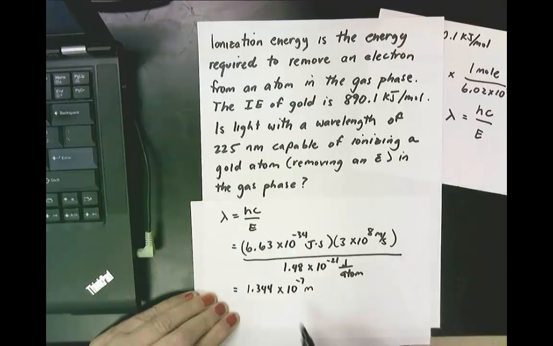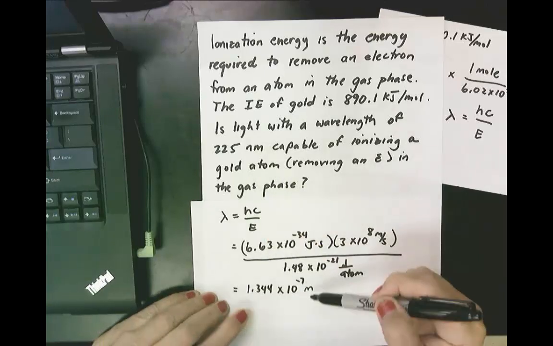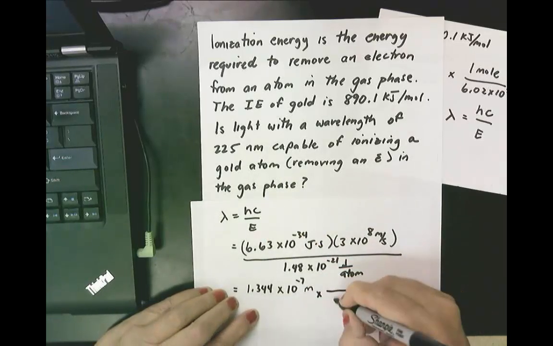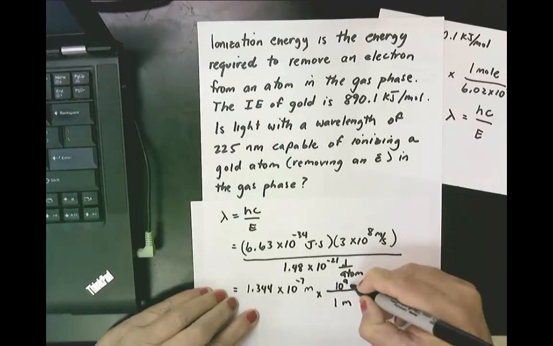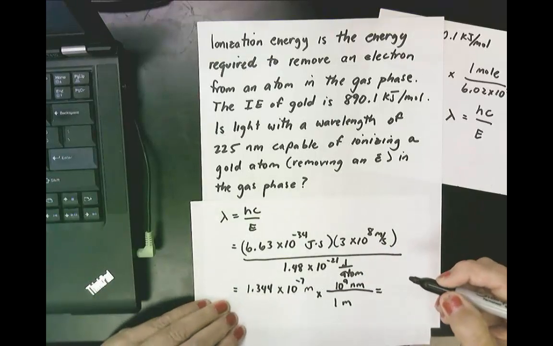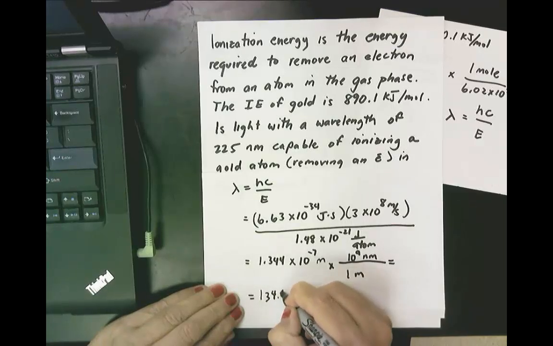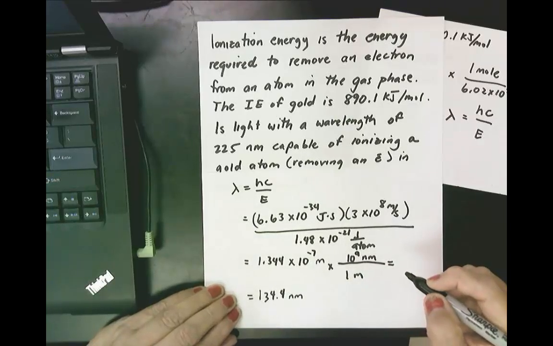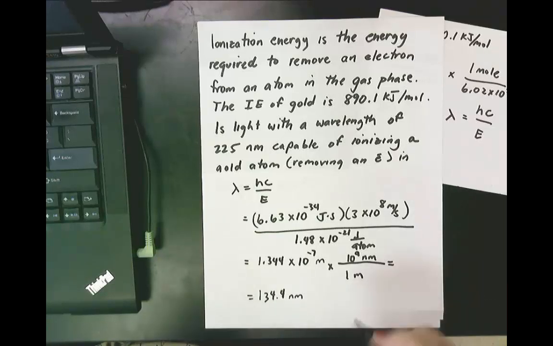Okay, now we're comparing this to 225 nanometers, so let's put this in nanometers too so we can compare them. So in 1 meter, there's 10 to the 9th nanometers. Multiplying that out, I end up with 134.4 nanometers. So 225 nanometers is too long.